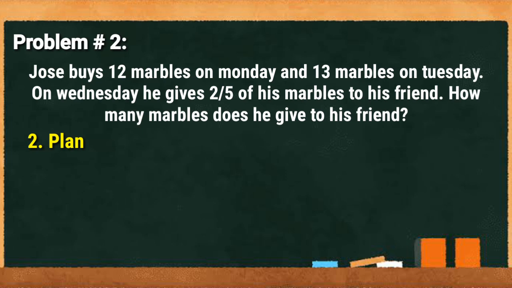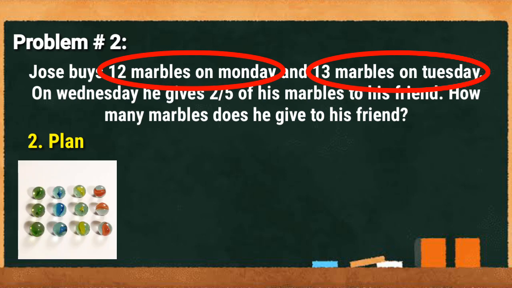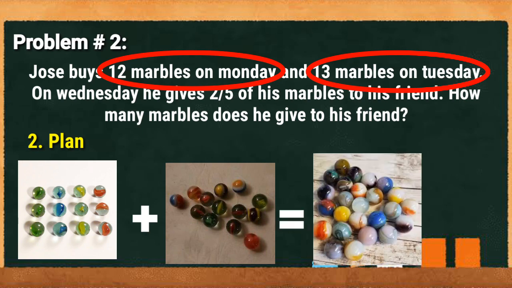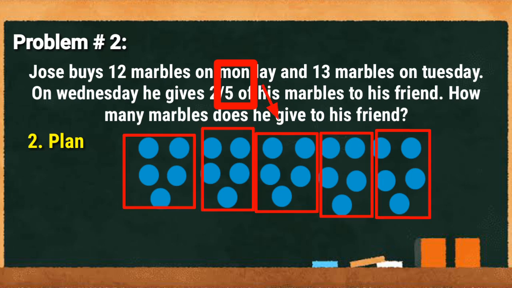Okay, so you add the marbles that Jose buys on Monday and Tuesday. That is 12 marbles plus 13 marbles equals 25 marbles. So you can draw 25 marbles and divide the marbles into 5 groups.